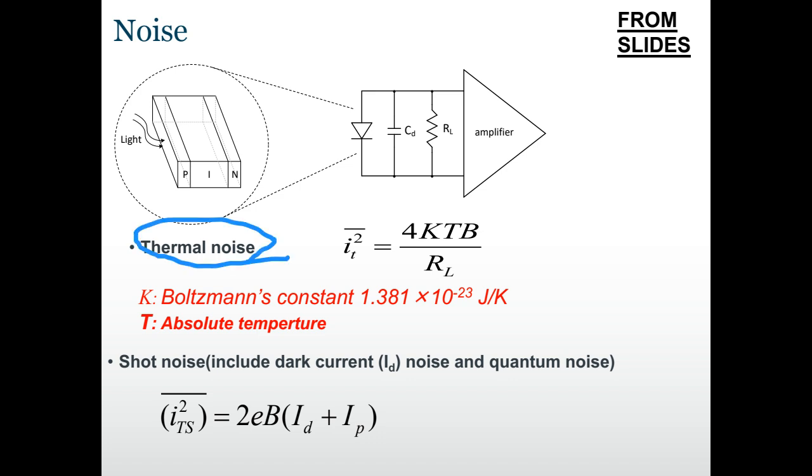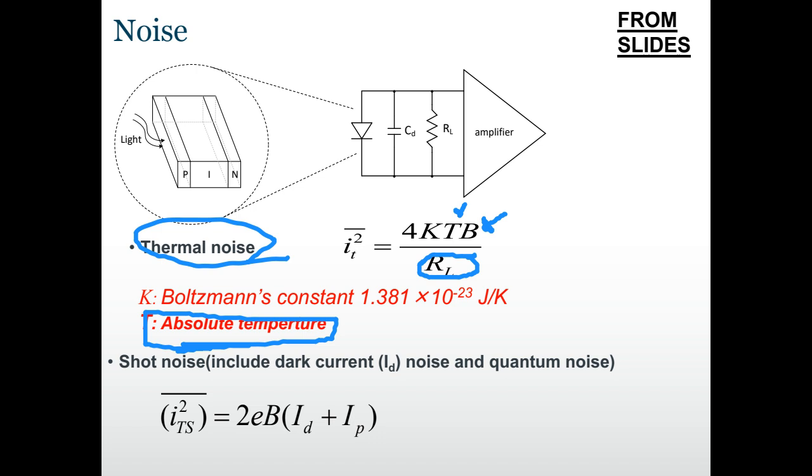Be careful here, this is absolute temperature. The temperature given on the exam question is in degrees, so you need to convert it to absolute temperature, T here. The load resistance and bandwidth you calculate from the previous steps, and K is a constant.